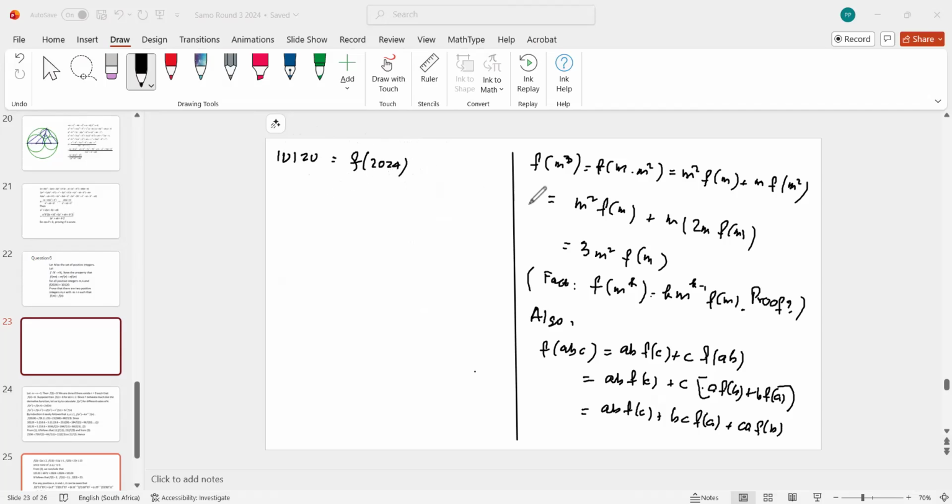Now, let's try to factorize this because we know some things about factorization. So you got, this is f of 2024. Let's put this down here. 2024. You can take out 8 as a common factor.